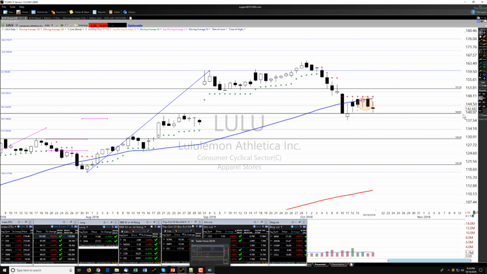So we're looking at, well, that's the problem. I'm going clear up in here when in fact we're looking for it to move down quite a bit. Let's call it 145.50.